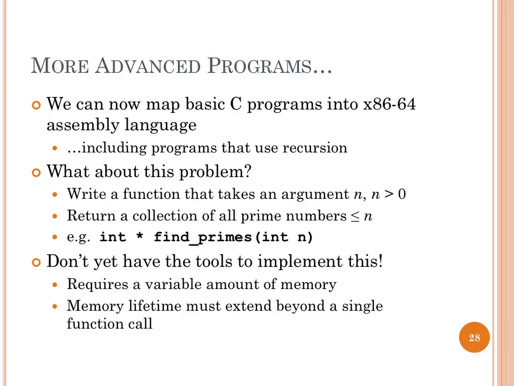Also, when we put stuff on the stack and then we return, all that stuff on the stack is supposed to come off of the stack, because we're supposed to leave the stack in the same state as when we invoke the function. Okay? So the lifetime of the memory that holds the answer has to be different than the memory that we usually use on the stack. Okay? So you can see that we have a couple of problems already that we've run into here.